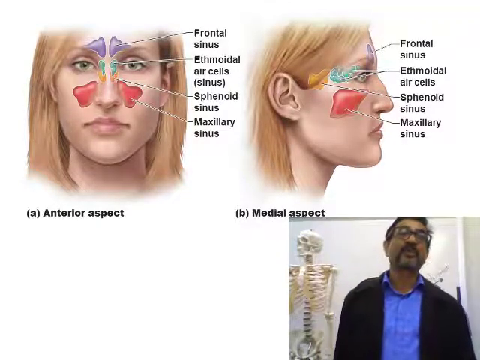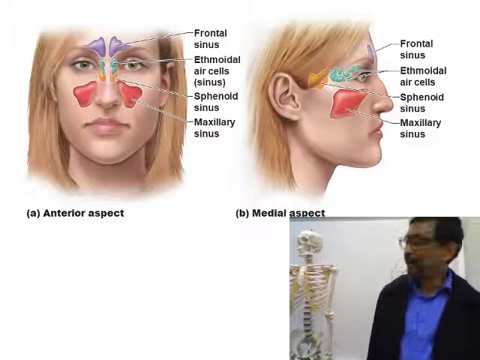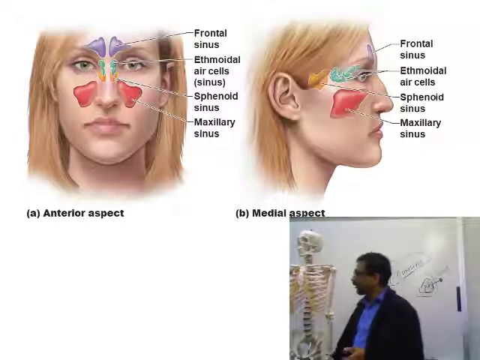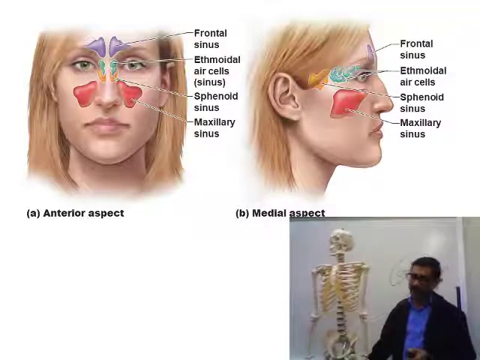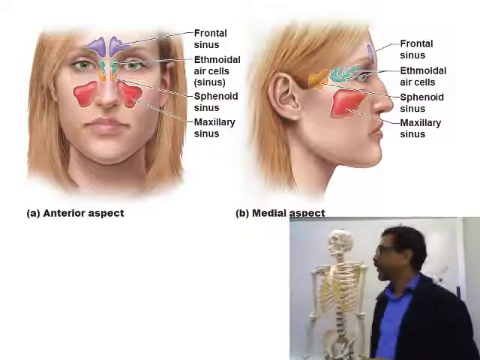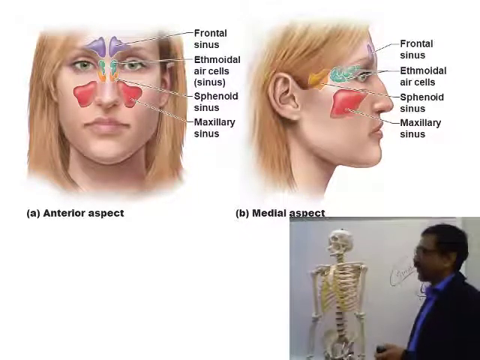Inside those bones you have cavities, and because of air-filled cavities the bones are light, and all those bones make the skull lighter, reduces the weight.